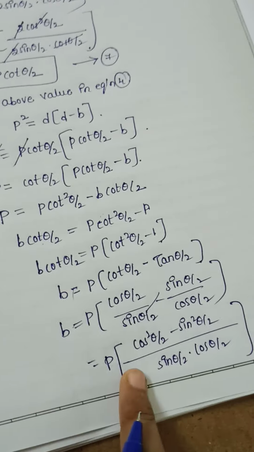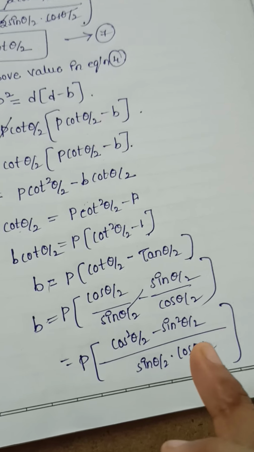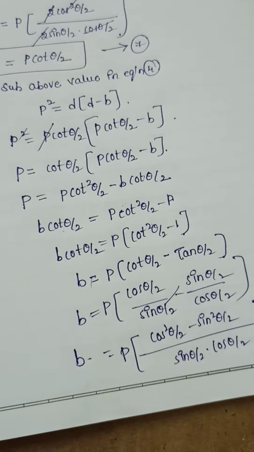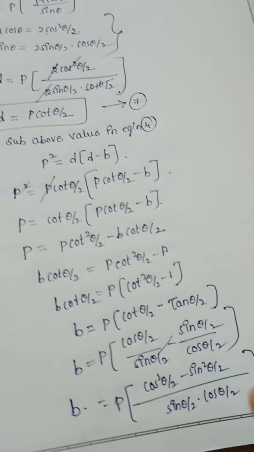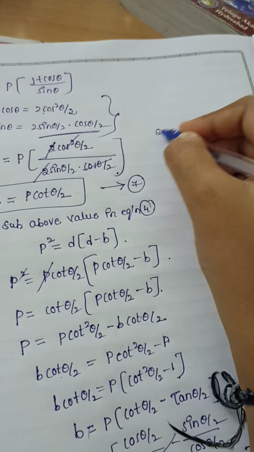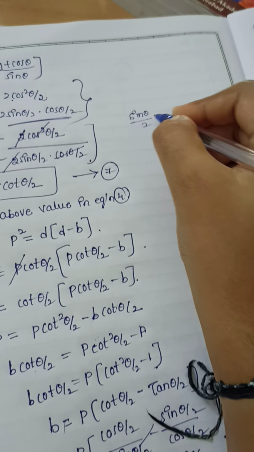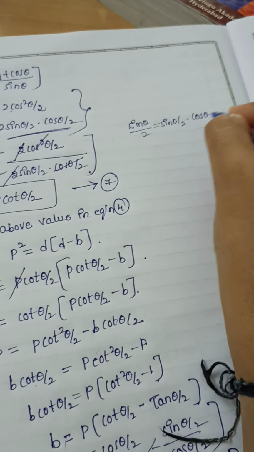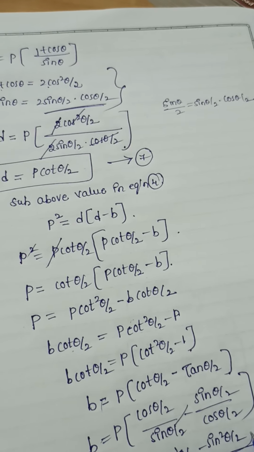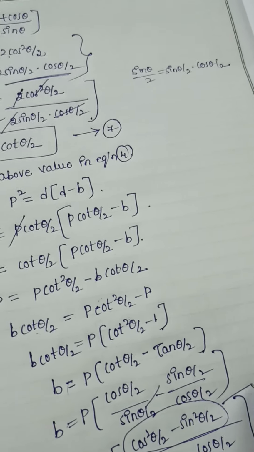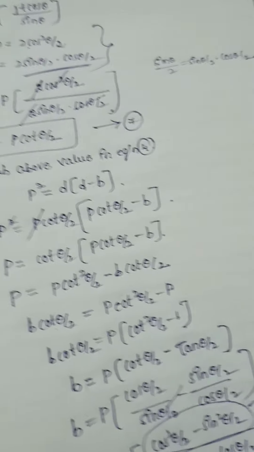We have the formulas, and if you substitute them you will get the simplification. sin theta by 2 cos theta by 2 value is half of sin theta, and cos square theta by 2 minus sin square theta by 2 value is cos theta. Substitute all these values in this equation.